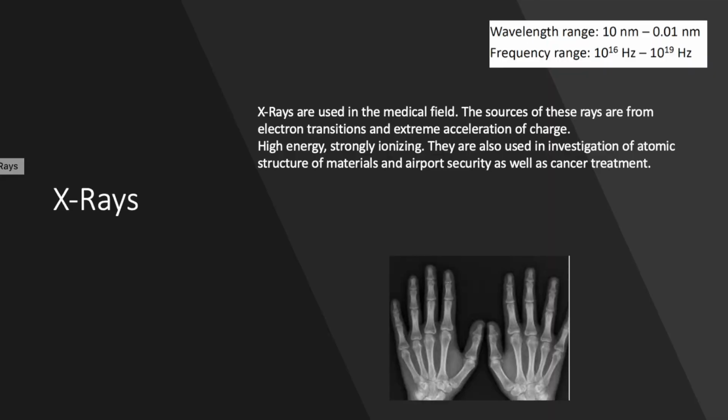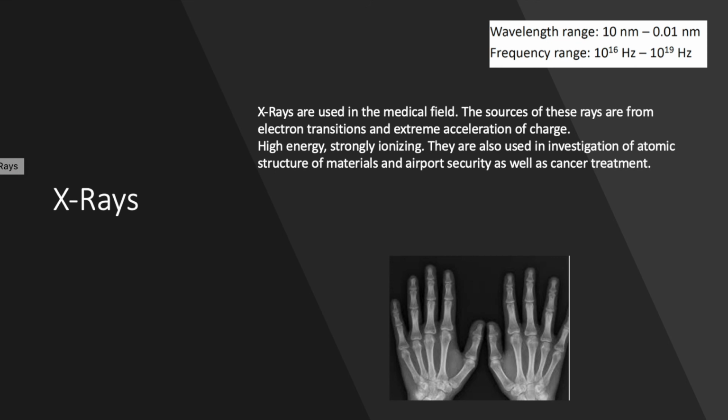Second to last on the spectrum, we have X-rays. X-rays operate in the wavelength of 10 nanometers to 0.01 nanometers and a frequency range of 10 to the 16th hertz to 10 to the 19th hertz. X-rays, as we all know, are used in the medical field profusely. The sources of these rays are electron transitions and extreme acceleration of charge.